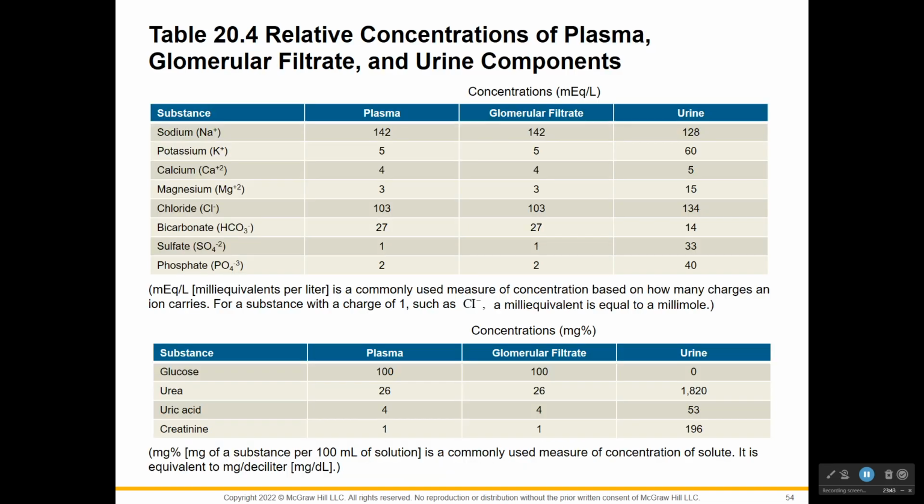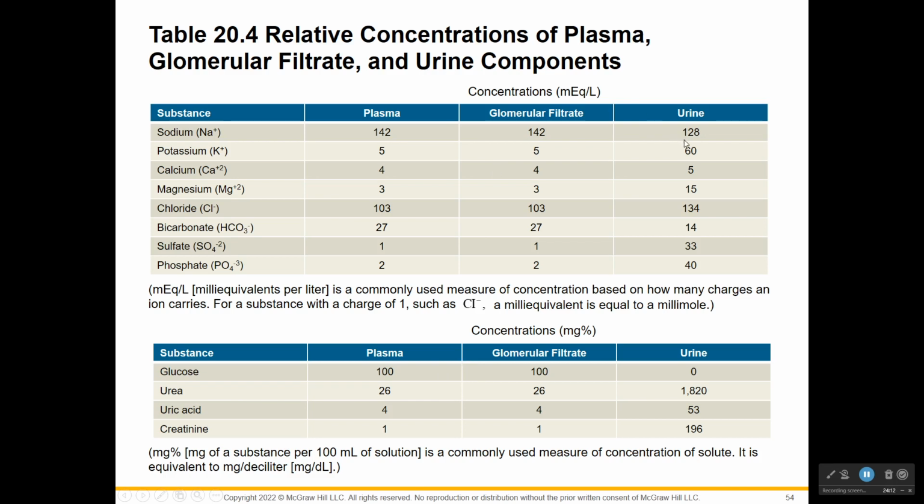And so here's concentrations of these different ions and substances in 3 different places. So in the plasma of the blood, in the glomerular filtrate, and then in the urine. And so you can see that all of these are leaving through the filtrate, so that's why these are equal.